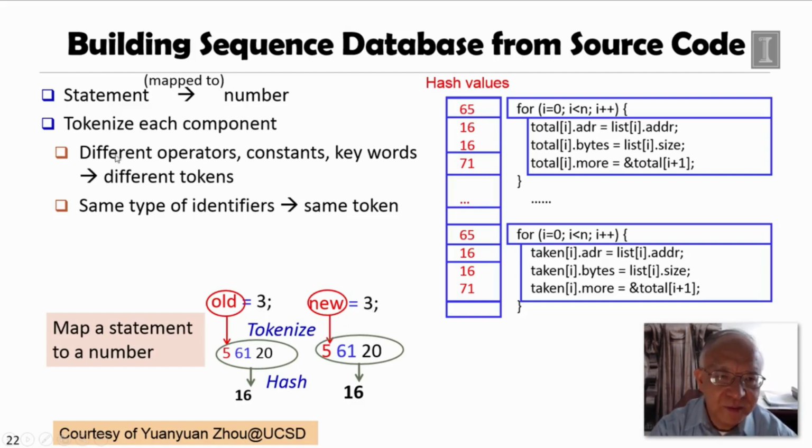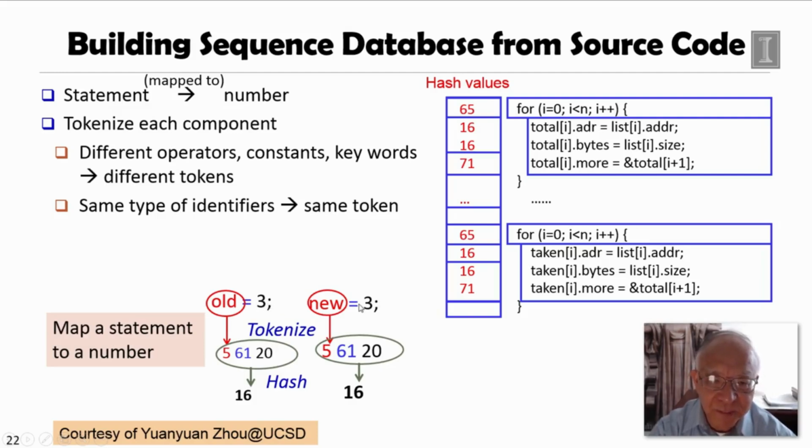For different operators, constants, or keywords, we map to different tokens, but for the same type of IDs, we map to the same token. Old and new are both the same type of ID. We do not care that they are different IDs. We just map them to the same token, 5. The assignment operator maps to 61. Then the value like 3 we map to another token, like 20.